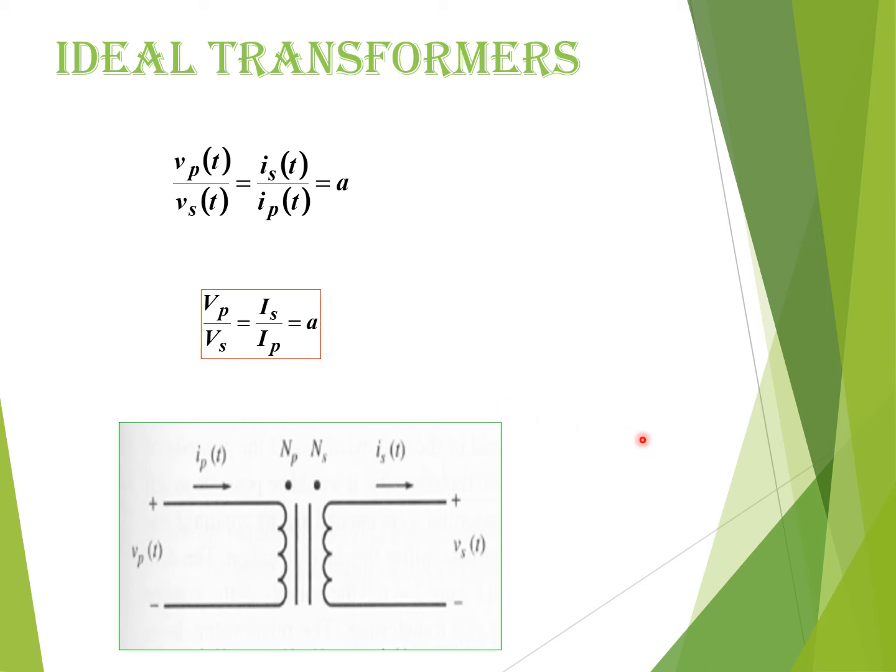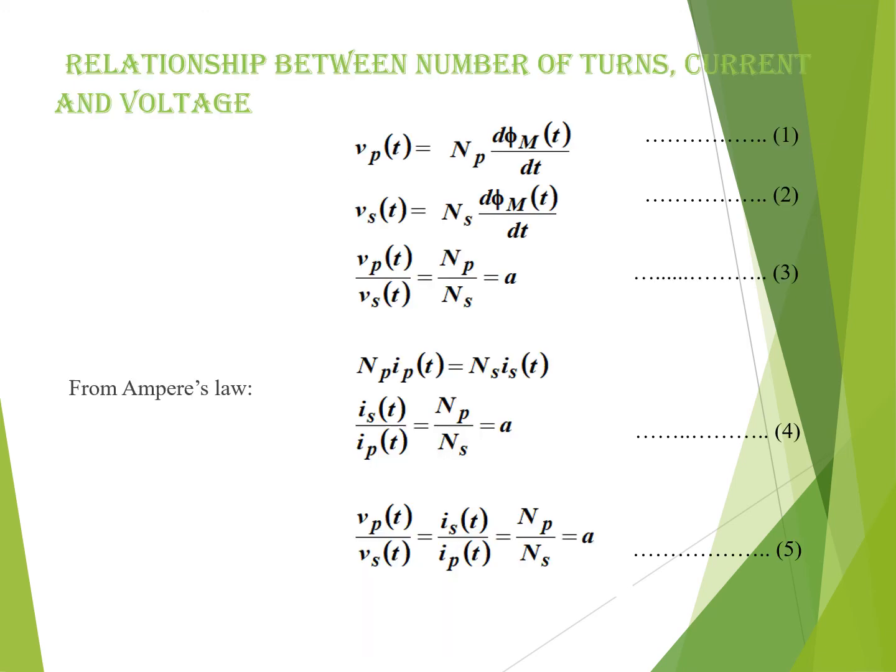So let us start deriving the equation. From this equation, we got this equation for RMS value, and we are going to use these equations for further derivation. We know that Vp is equal to Np into dφm by dt, where Np is the number of turns and φm is the magnetic flux.